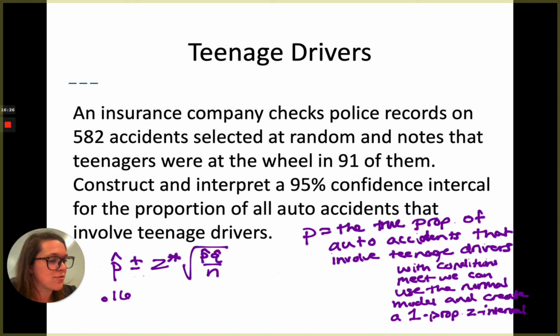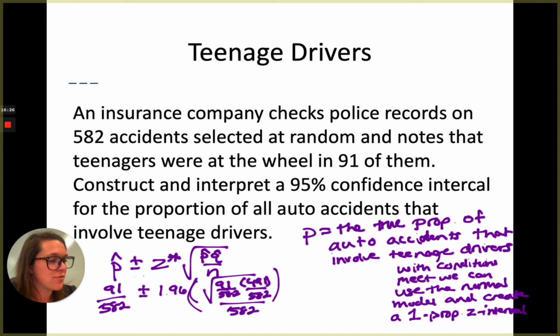It's 0.16 plus or minus 1.96 times, and then you could even just use the ratios too instead of the 0.16 if you wanted to be really exact. We could do 91 over 582, then 91 over 582, and what was the other one? 491. 491 over 582, all over 582, if you wanted to do the proportions.